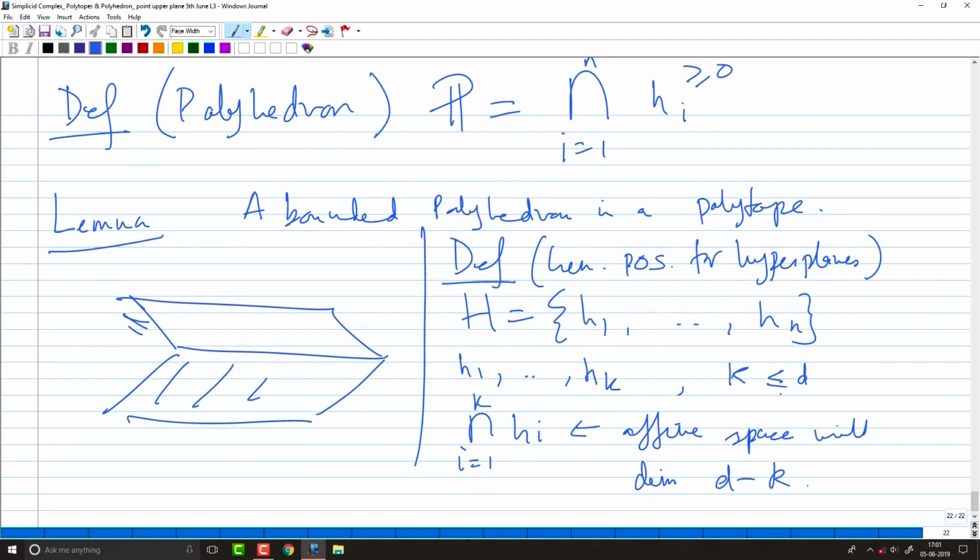And if you take d plus 1 hyperplanes, this intersection will be empty. This is how you define general position. This is a definition.